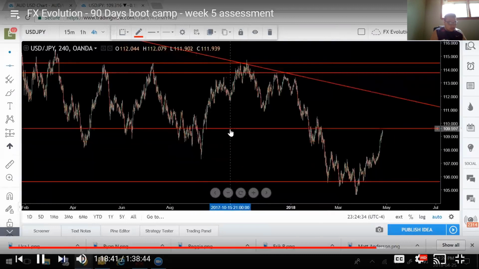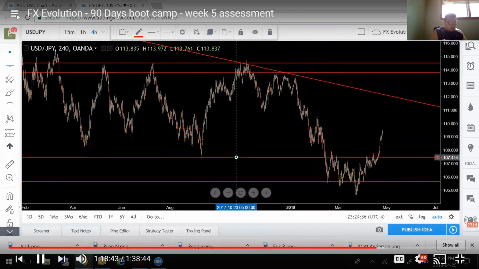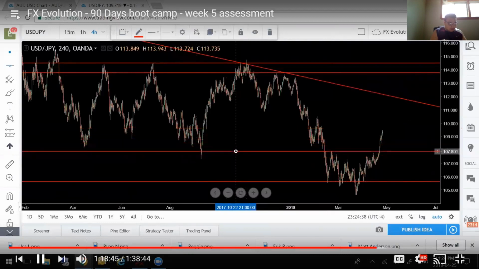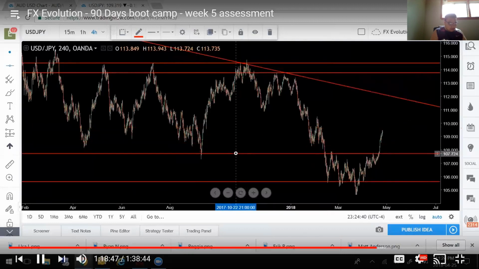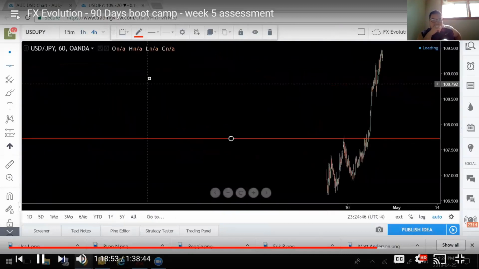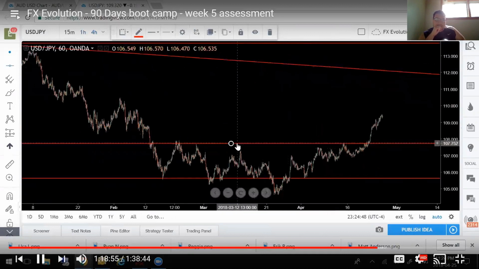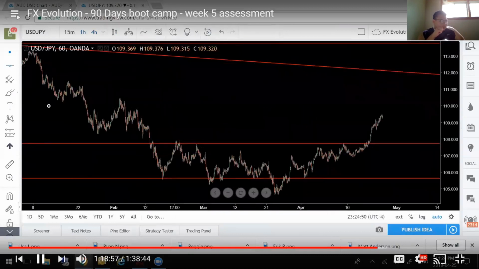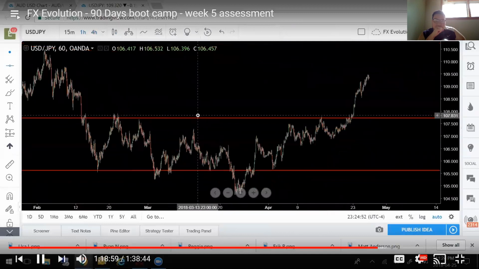Awesome. Move to your 1 hour. Give me a support and resistance near market, in a different color, please, if you don't mind.